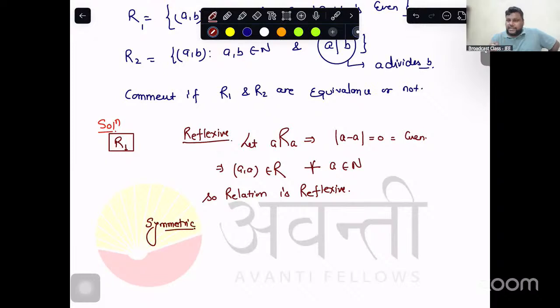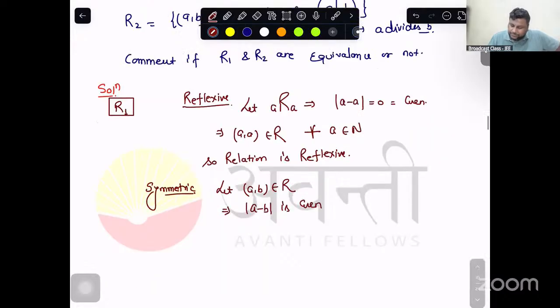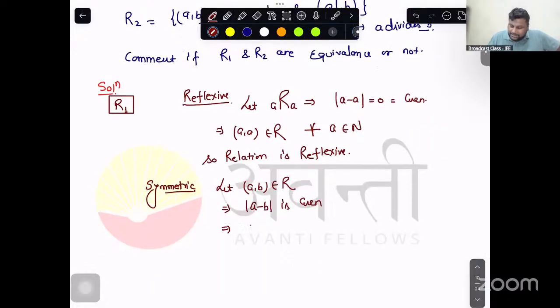Now, let's come to symmetric. See it very particularly. How do we write it? Let (A, B) belong to R, means (A, B) belongs to the relation. This implies the magnitude of A minus B is even, yes or no? This implies |B minus A| is also going to be even.